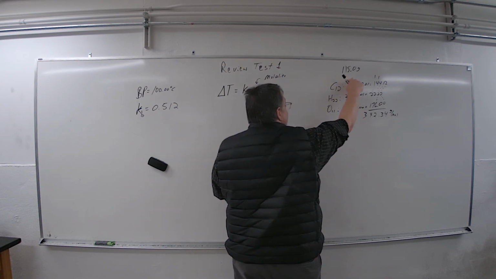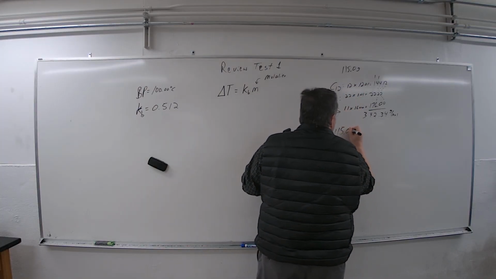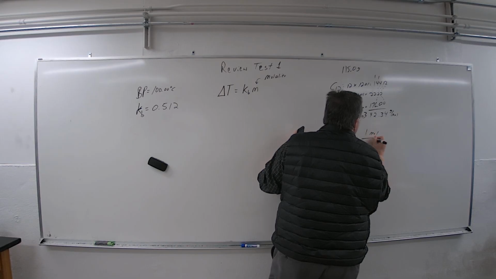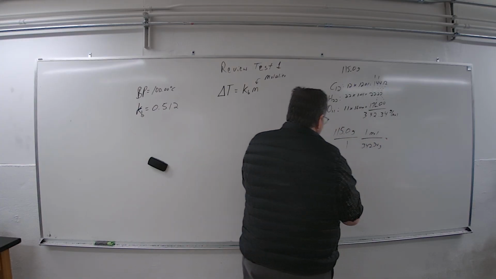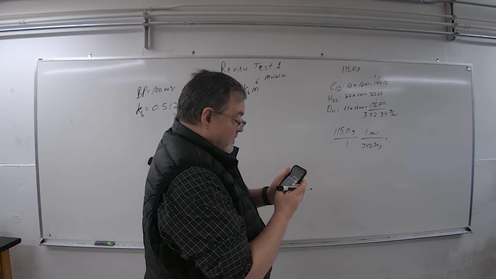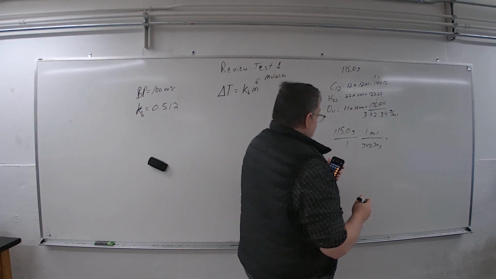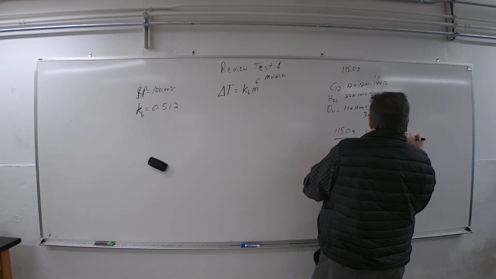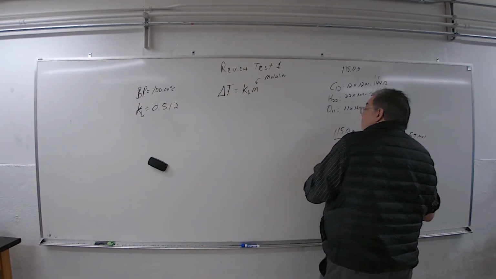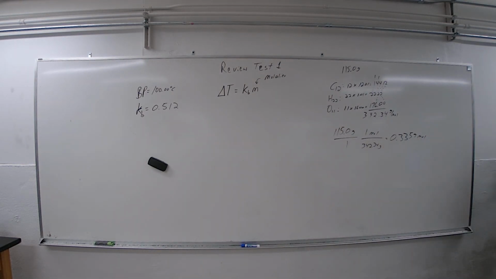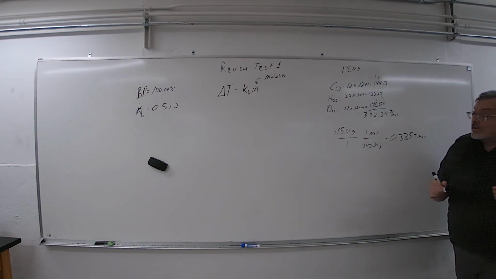So how many moles do we have if we have 115 grams? 115 divided by 342.34. Keep 4 significant figures. What else? 350 grams of water.